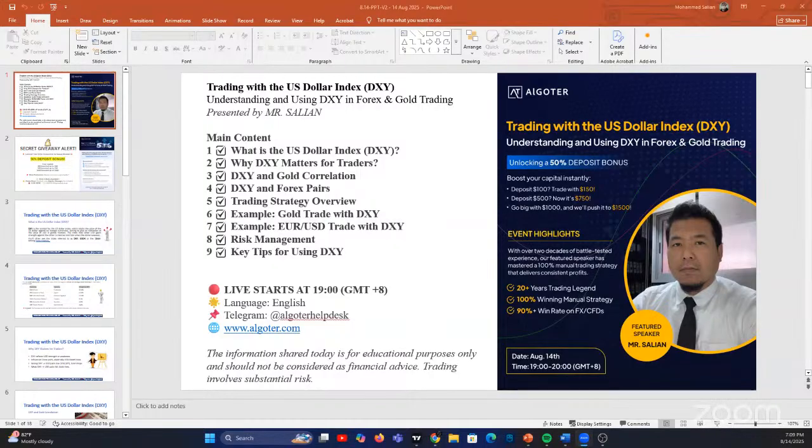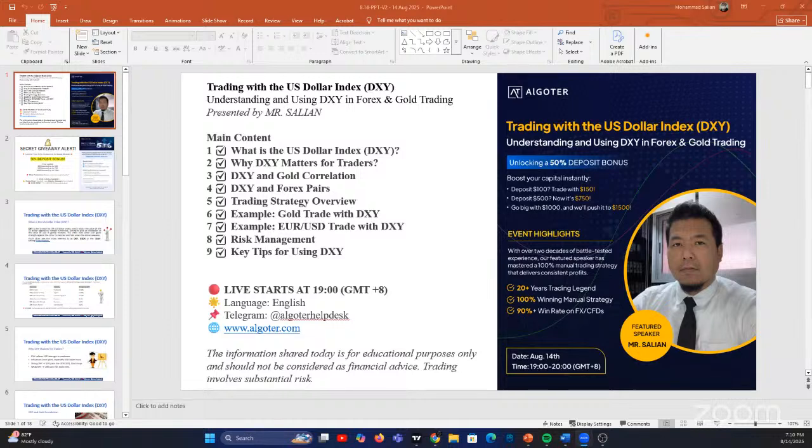So for the main content: what is the US dollar index, DXY? Why DXY matters for traders? Because, as you will learn later on, traders use this to get the bias of where gold is going, and it's the DXY and gold correlation.